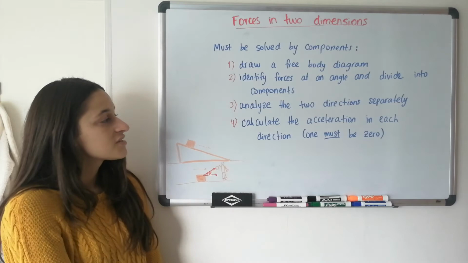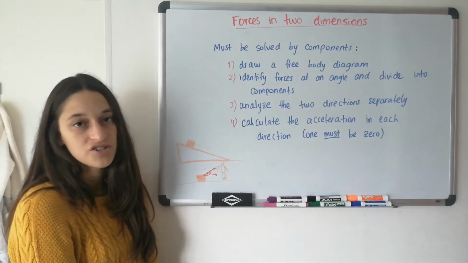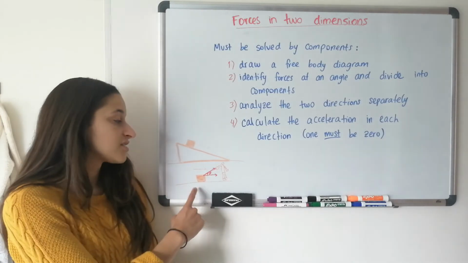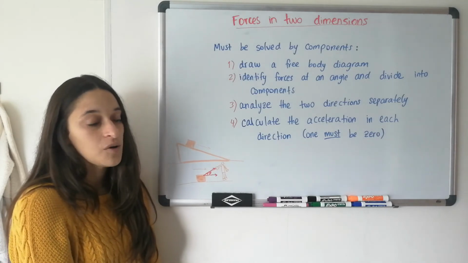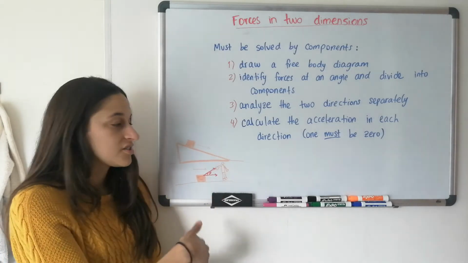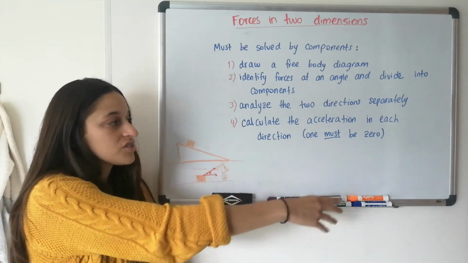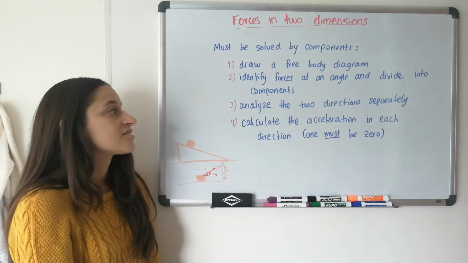And the fourth step is to calculate the acceleration in each of the directions. So one of the accelerations is going to be 0. In this example, the vertical acceleration is 0 because the object is not moving up or down. It's only going to be moving to the right. So one of the accelerations is always 0, in this case the vertical one, and the other one is what we're looking for in the example.